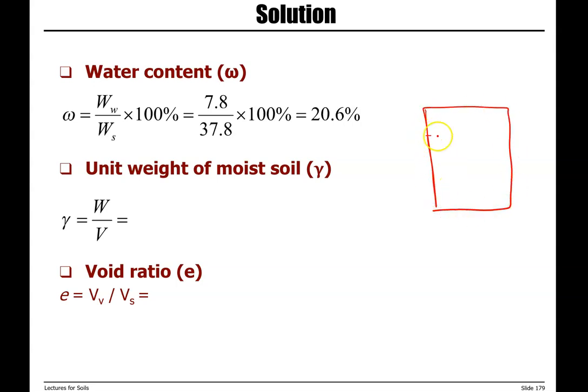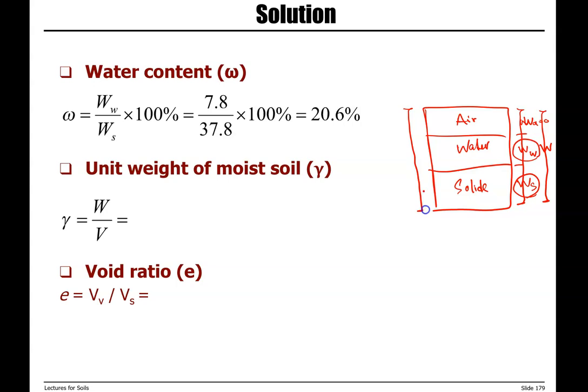So if we have our phase diagram, air, water, solids, then we have total weight, weight of air, which is 0, weight of water, and weight of solids. It's weight of water divided by weight of solids.